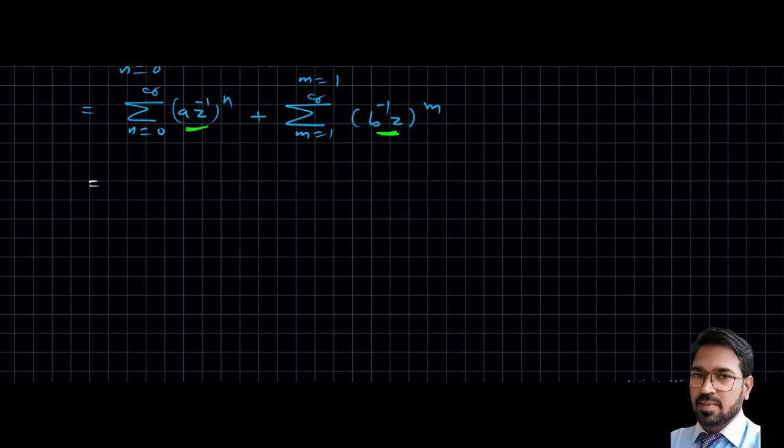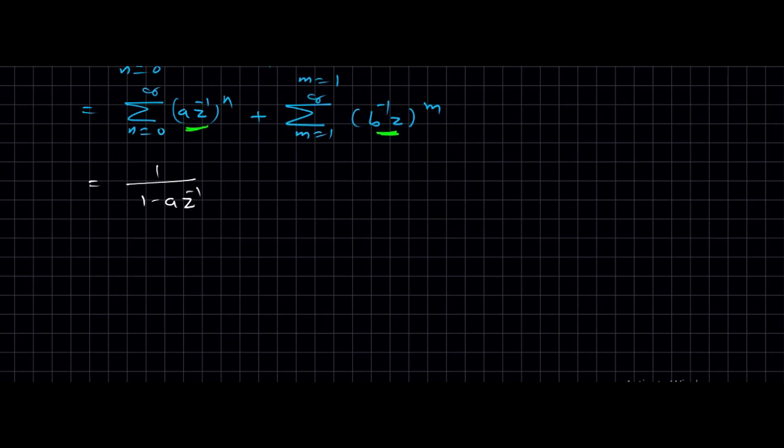So it is 1 over 1 minus a z raised to minus 1 plus 1 over 1 minus b raised to minus 1 z. We'll further simplify this, making it positive, z raised to plus 1. So it is 1 over 1 minus a z raised to minus 1, plus 1 over 1 minus z over b. So this is our x of z.